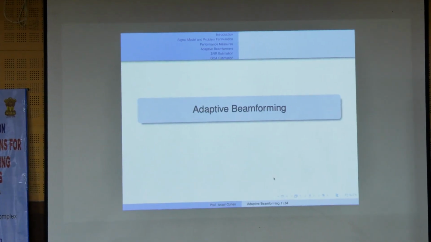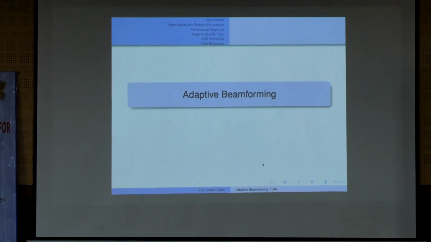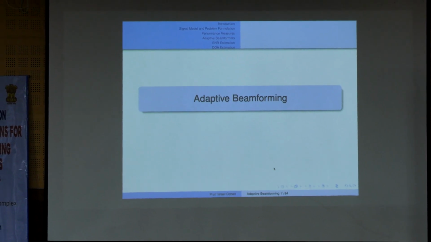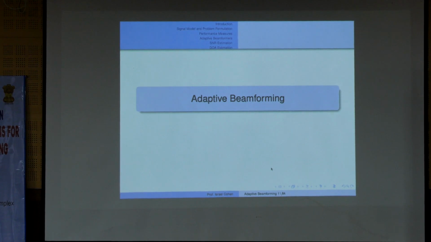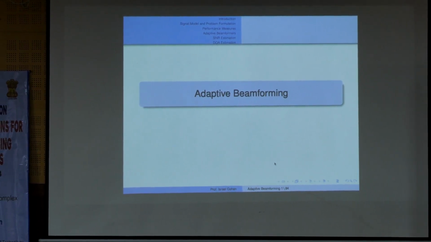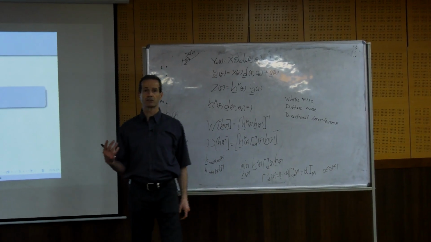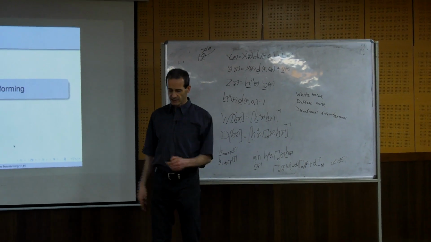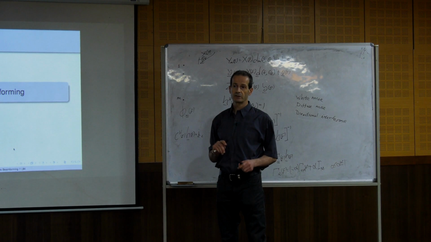Okay, so we already talked about adaptive beamforming, and I said that adaptive beamforming, in terms of derivations and definitions and all that, it's very simple because we already covered multi-channel signal enhancement. So multi-channel signal enhancement and adaptive beamforming are very similar. But instead of using the relative steering vector, which is the relative transfer functions, just like we mentioned in the multi-channel signal enhancement, we use the steering vector, which is direction, only direction.